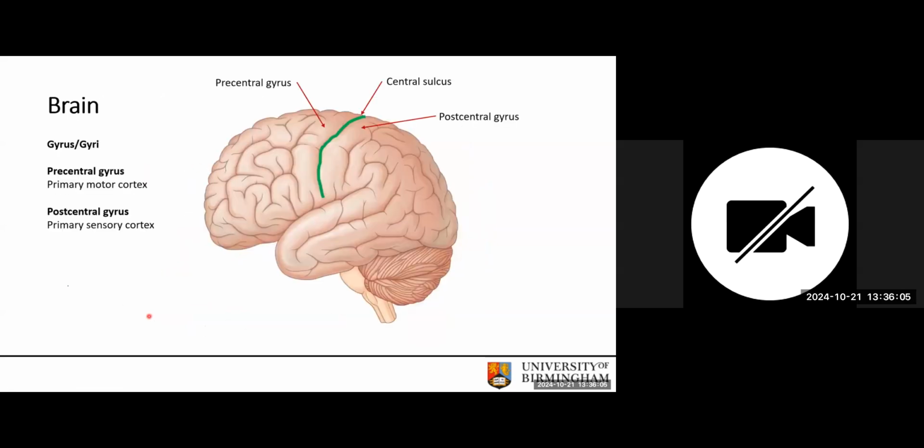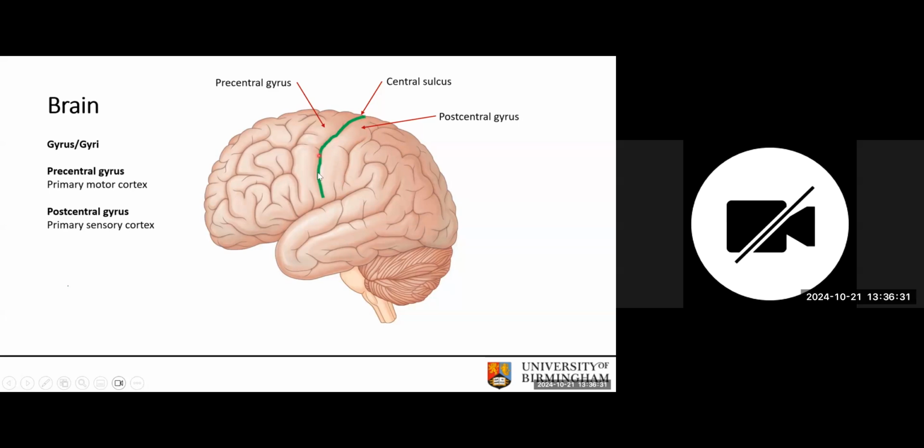So this is what we were looking at in the anatomy practical the other day. We have the brain, and we have structures here that are, how can I explain it? The sulci or fissures are these indentations in the brain.